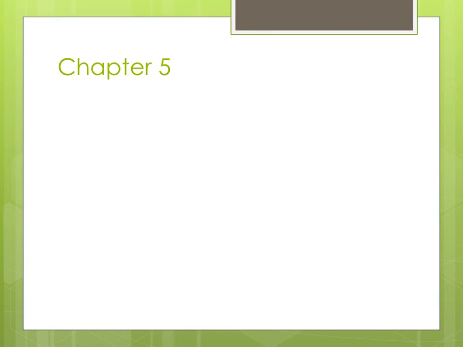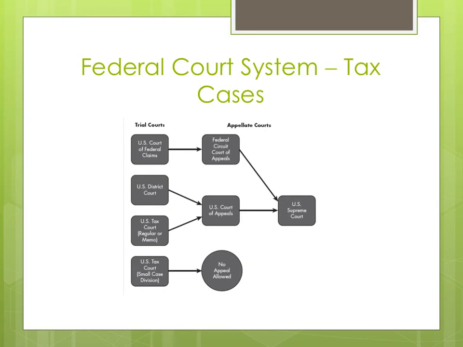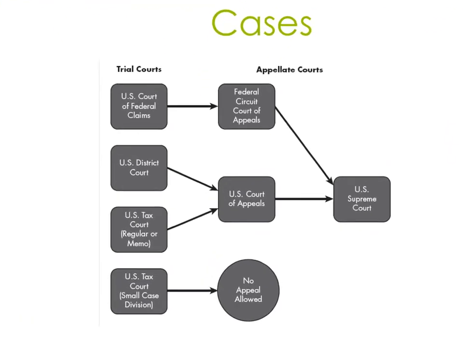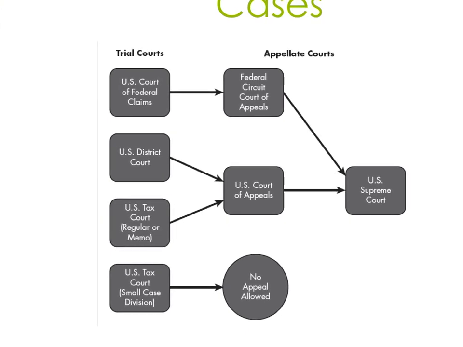Chapter 5 is all about judicial sources of tax law. So let's talk about the federal court system, okay? We have this fantastic federal court system, okay? And it's important to kind of know how it's all arranged, all right?